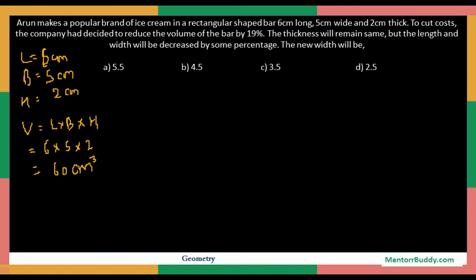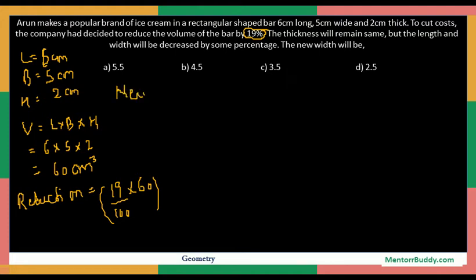Now the question further says the volume of the bar is reduced by 19%. So reduction will be 19% of the original volume of the cuboid. So the new volume of the cuboid will be total volume, that will be 60 minus 19 into 60 by 100.